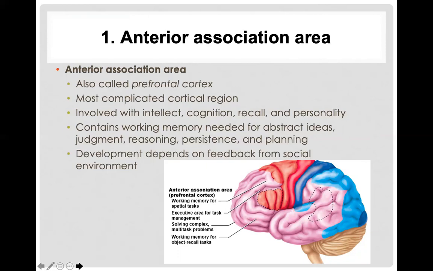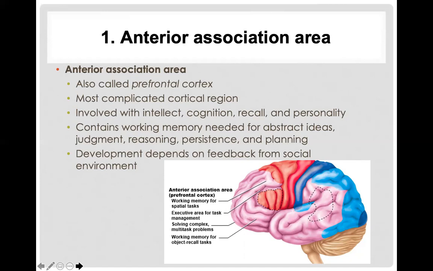Some of the functions, and again, this is not everything, some of the main functions include reasoning, planning, creating judgment, being able to react to your social environment, basically following the norms, fitting in, and adjusting behaviors in an environment that you are at. It also helps with cognition, recollection of information, making you who you are. So developing your personality, your intellectual capacity, all of these are associated with anterior association area.